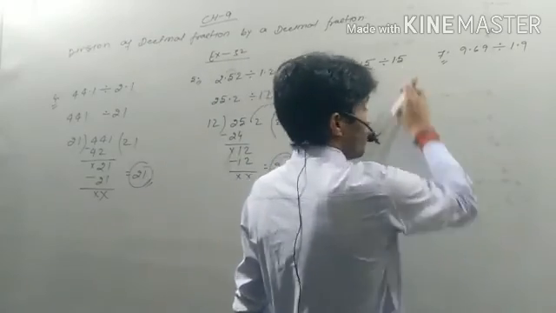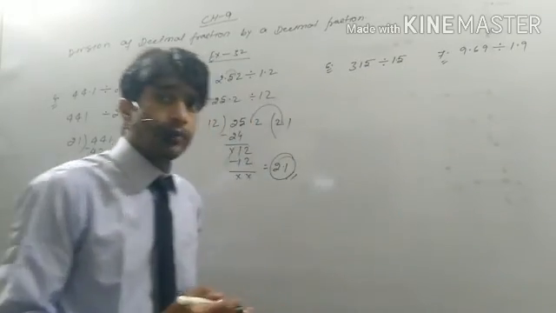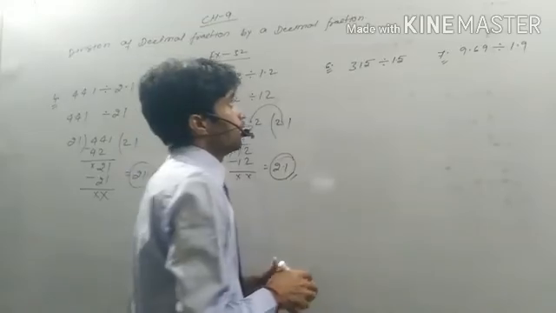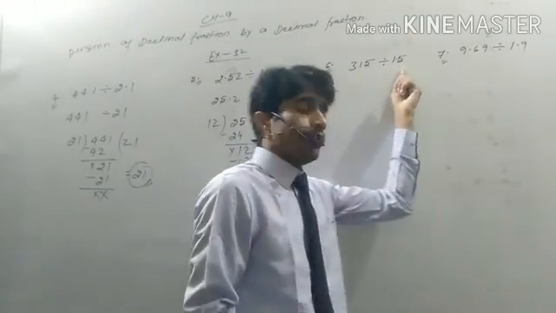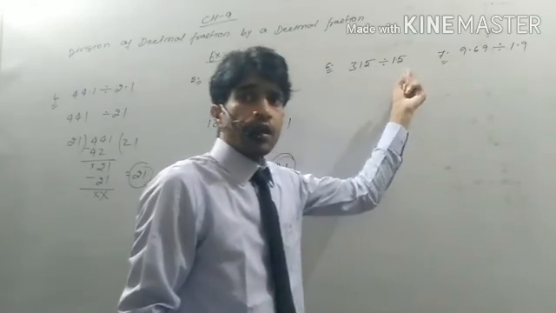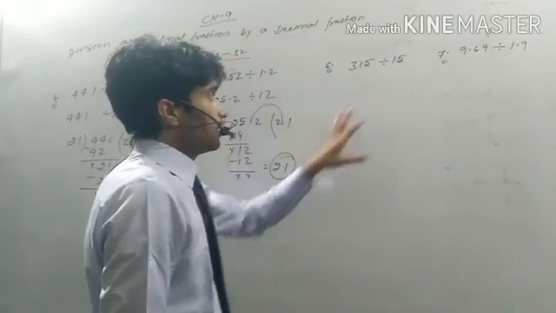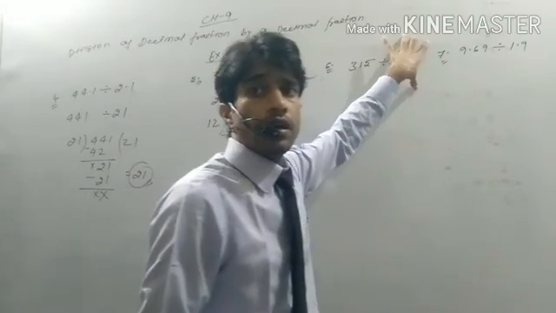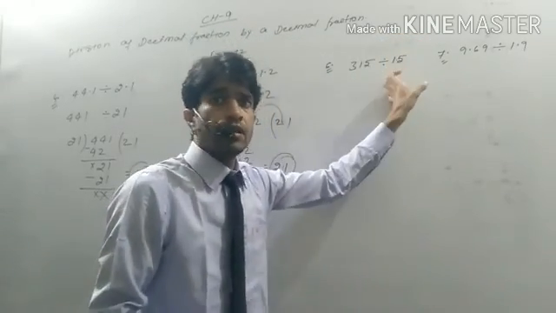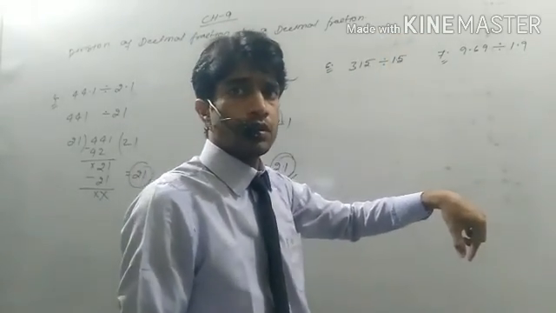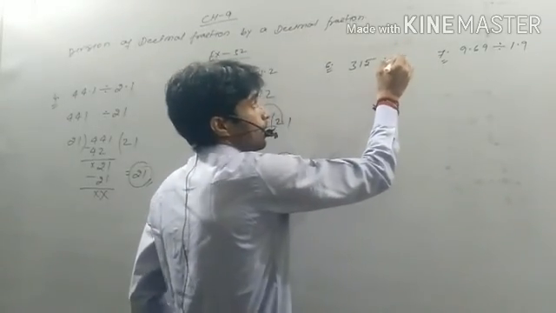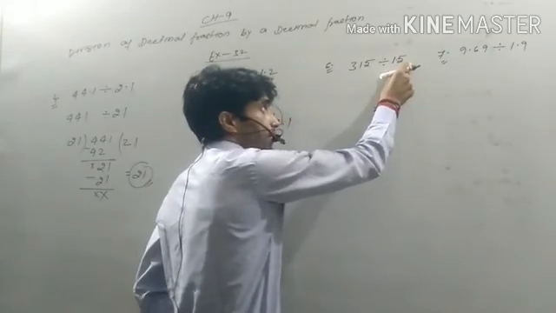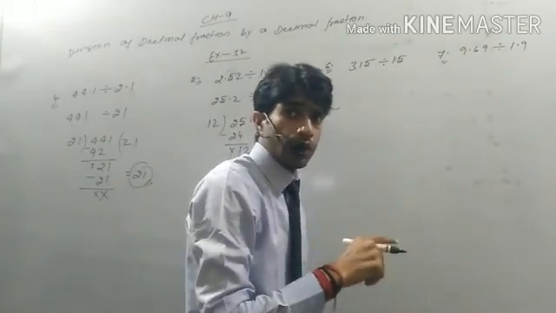315 divided by 1.5. 315 is a whole number and 1.5 is a decimal fraction. So we have to change the divisor, which is a decimal fraction, into a whole number. By shifting one place of decimal, the decimal fraction changes into a whole number.